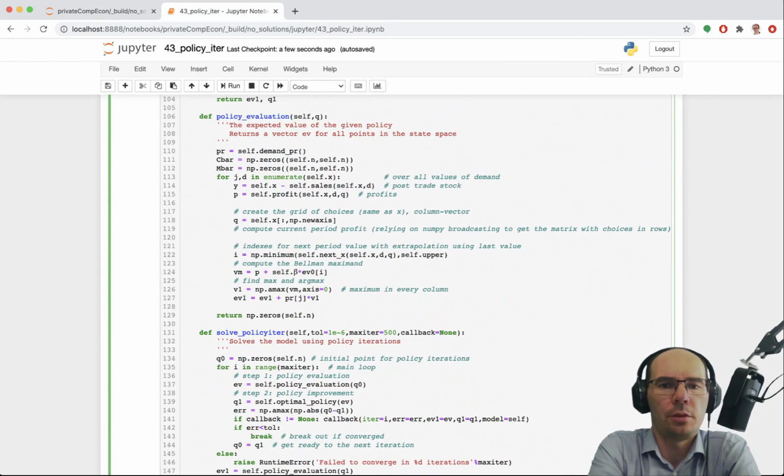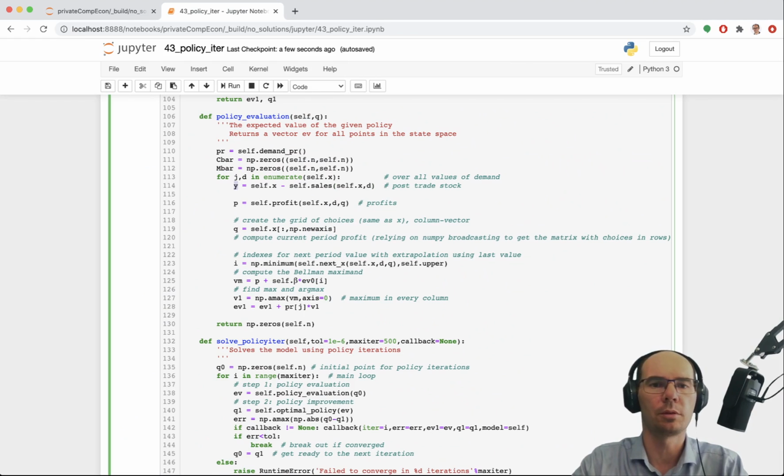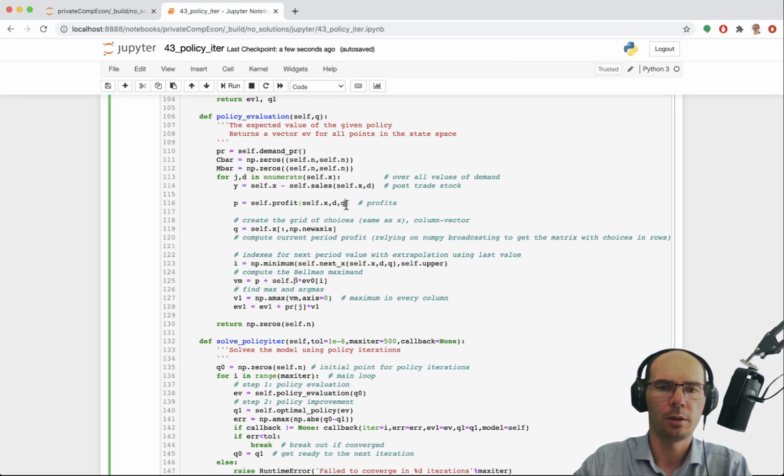The post-trade stock cannot be larger than the upper bound, right? Because that's x minus something, and x is within the bound. So that means that these are just simply numbers between 0 and capital M.